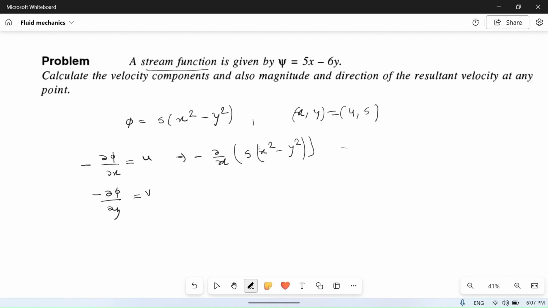So 5 is constant, so it will come out: minus 5 del upon del x of x square minus y square.